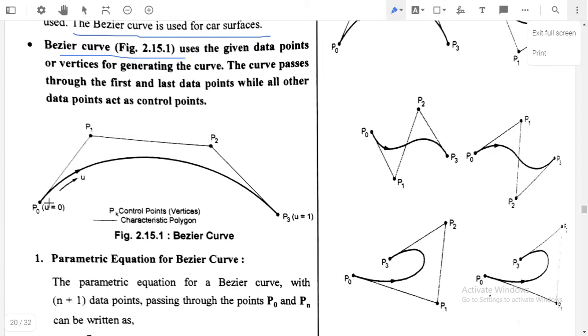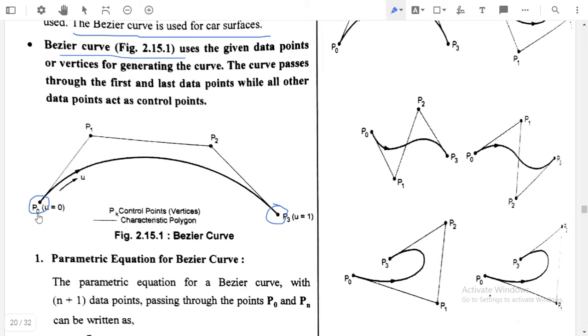Means here, to represent the cubic curve, we require two endpoints and the tangent vector at the endpoints. So if we want a Bezier curve, then we require its starting point P0 and end point P3. Suppose here we consider 4 data points, therefore the last point is P3.